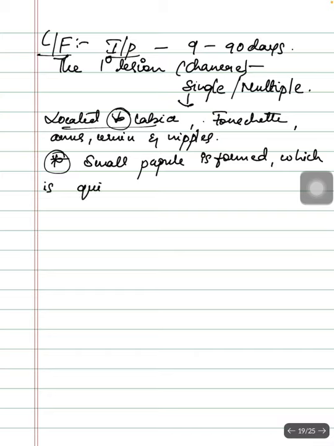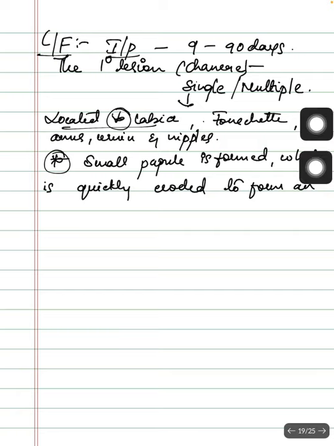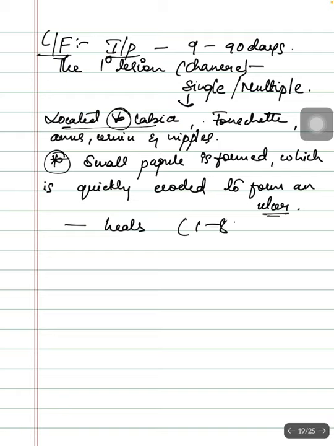The ulcer will be painless. The inguinal glands are enlarged and painless. This chancre heals spontaneously in 1 to 8 weeks, leaving a scar mark.